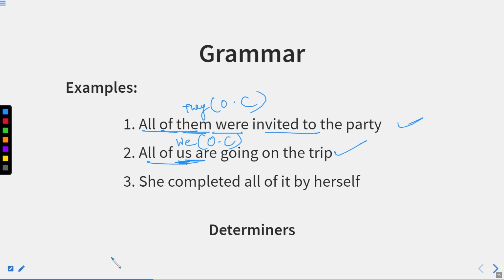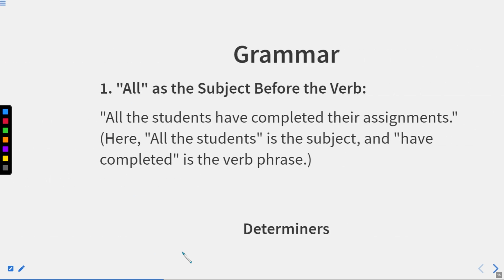So all is always followed by a plural noun and plural verb, if a countable noun is there. But if there is an uncountable noun, it will be singular, and after that the verb will also be singular. She completed all of it by herself. So all of it means whatever there was. Now let us move to the next one.